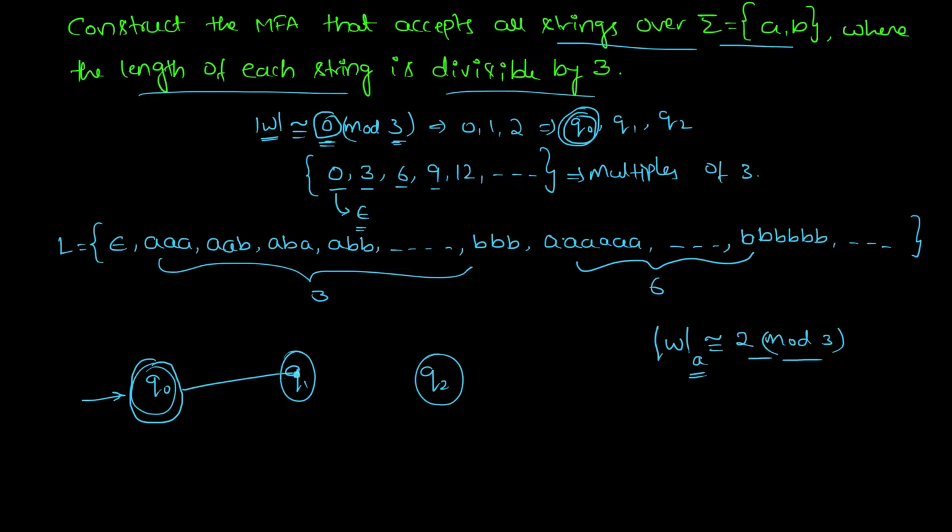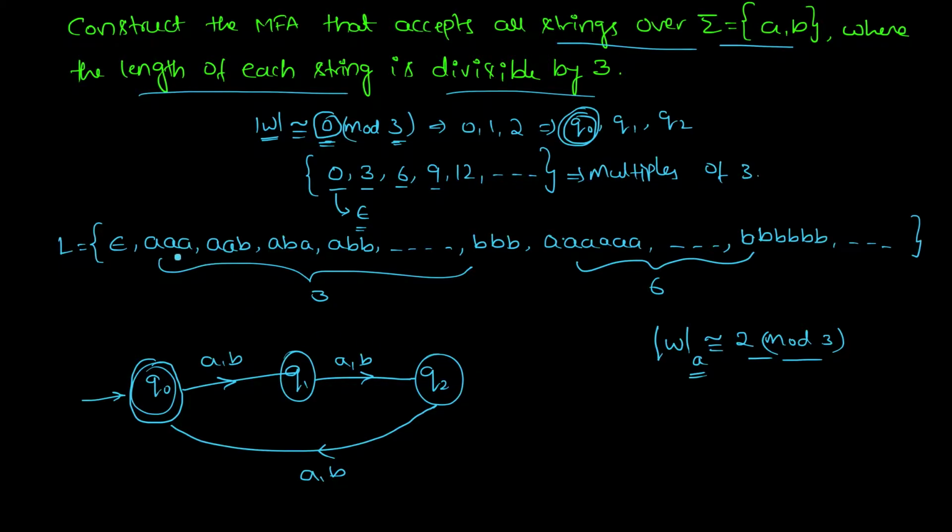On seeing any symbol, it can be either A or B, we move to Q1 from Q0. On seeing any symbol from Q1, we move to Q2. On seeing any symbol from Q2, we move to Q0. So this is our DFA. We don't have a constraint over the number of A's or number of B's. We just have a constraint over the length of the string.